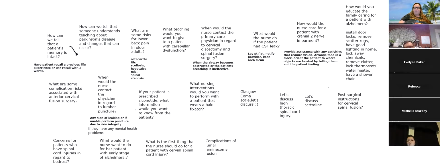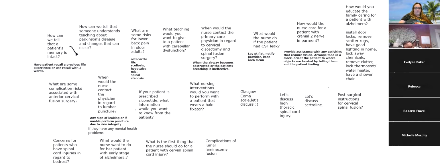They're early stage, and that's not why they were admitted. Would you keep orienting them? You could keep orienting them to keep them in what kind of environment? You want to keep them in a structured and consistent environment, correct? You guys are doing really good though.